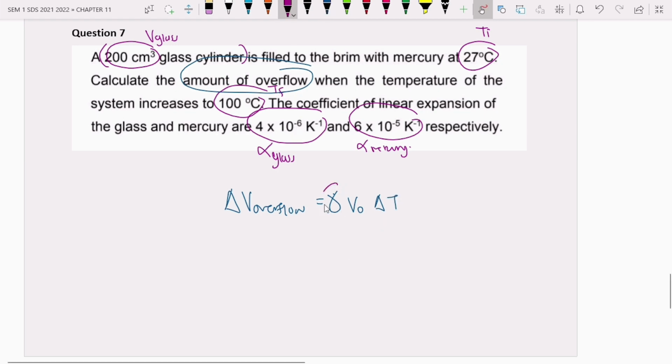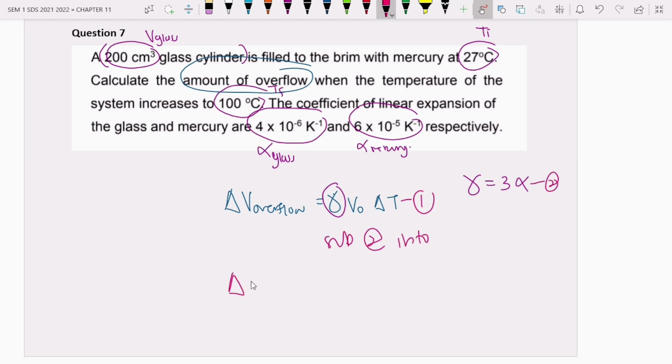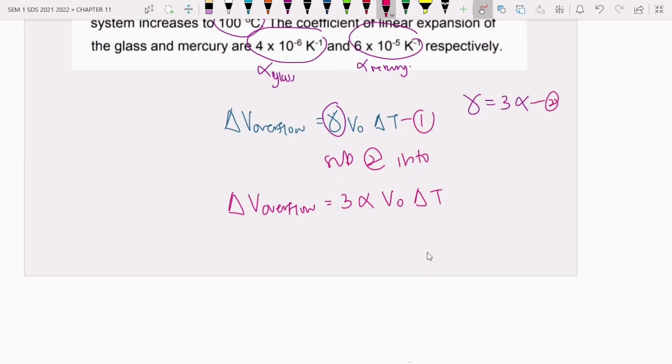As we don't have the information for the coefficient of volume expansion, we know the coefficient of volume expansion is 3 times the coefficient of linear expansion. So I'm going to substitute equation 2 into 1. The change in volume overflow is equal to 3 times the coefficient of linear expansion times the initial volume times the change in temperature.